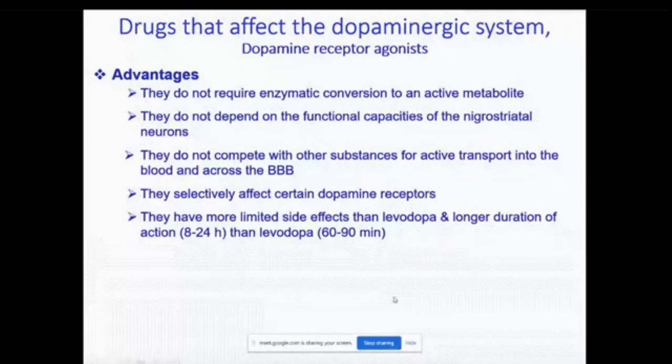This is the final destination. The last thing I need to do is to activate the receptor, right? But before that, there are other steps: levodopa needs to be first converted to dopamine, and then dopamine can activate the receptor.